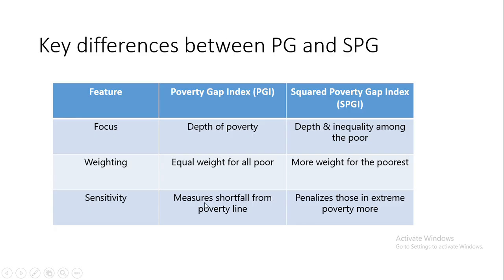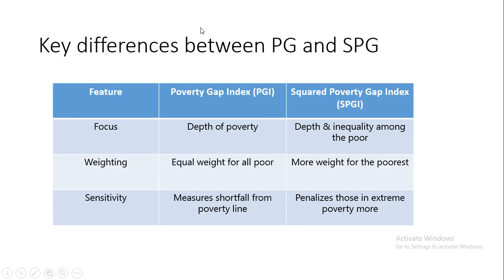Sensitivity: measures shortfall from poverty line, versus penalizes those in extreme poverty more. So understanding inequality and poverty helps policymakers create better economic policies. Governments use these measures to design programs that reduce poverty and income disparity.